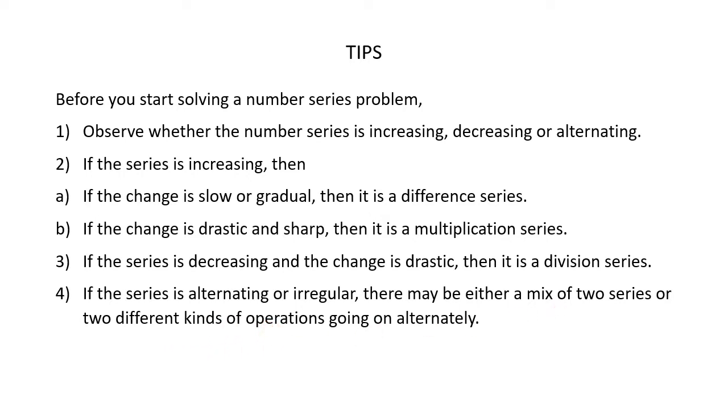This means that the number series might be a mix of two series, or the number series may have numbers where two different kinds of operations are going on. These tips will help you to identify whether it's a difference series, multiplication series, division series, or alternate series, and this will help you to solve the number series problems.